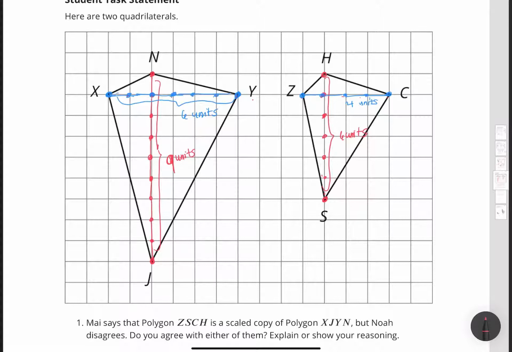So now I can use ratios, or see if these are equivalent ratios, to determine if these are scale copies of each other or not. How I can do that is by putting these measurements in ratio form and simplifying them to see if they are equivalent or not. So here's what I mean.